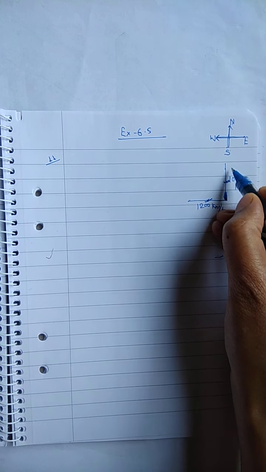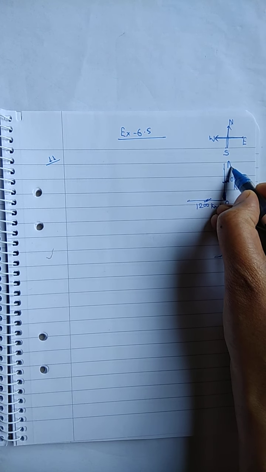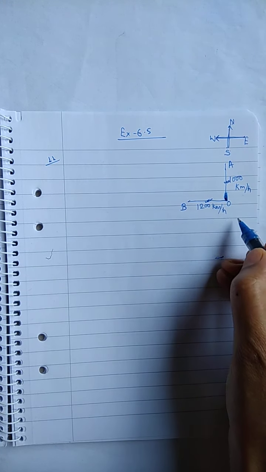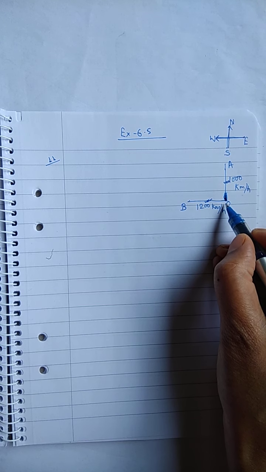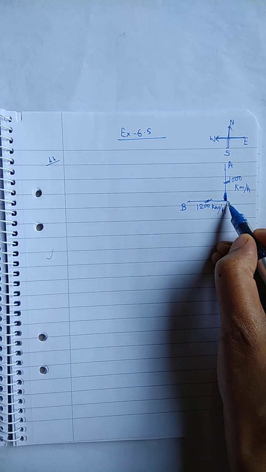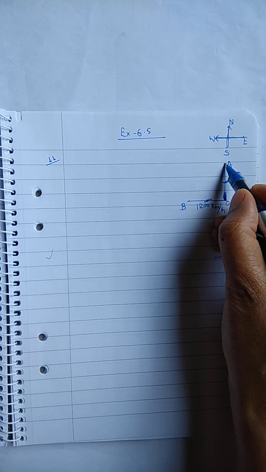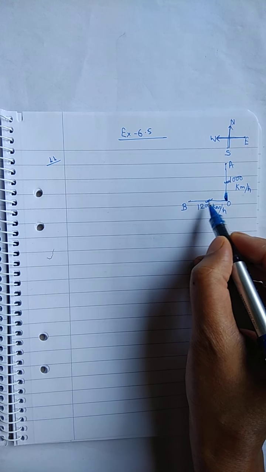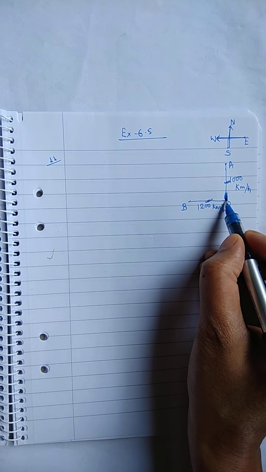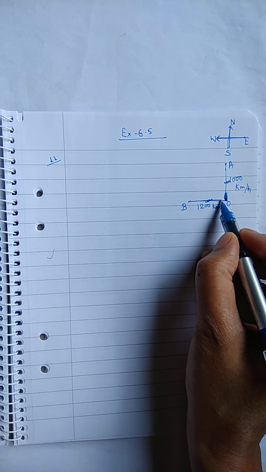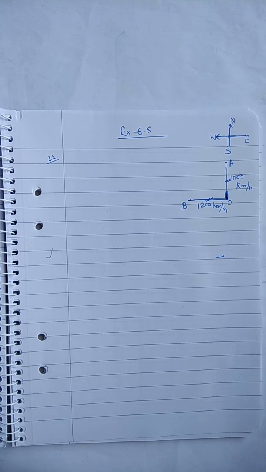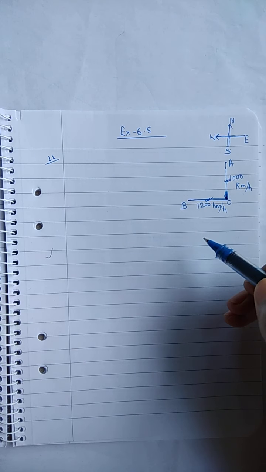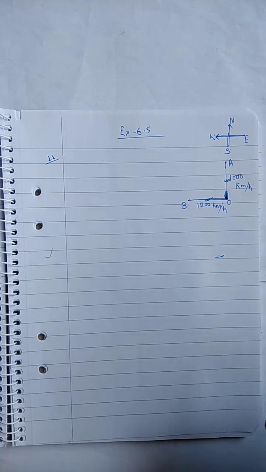Let's say this is O, this is A, and this is B. The distance covered by the first aeroplane gives OA, and the distance covered by the second aeroplane gives OB. Then we have to find the distance between the two aeroplanes after 1.5 hours.